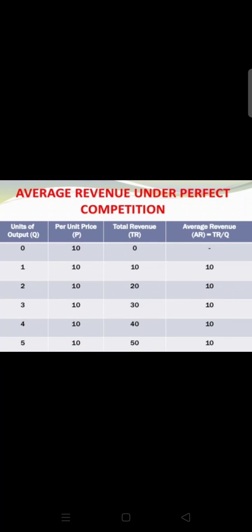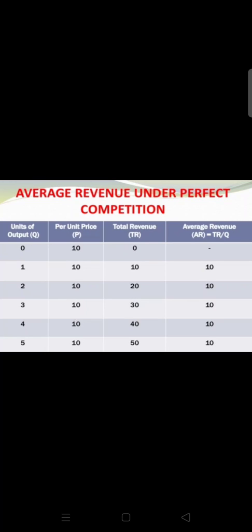Now we can see how to calculate average revenue under perfect competition, that is, when the price remains the same. So here you can see total revenue 10, 20, 30, 40. Now average revenue, how to find out? That is total revenue divided by quantity, isn't it? When you divide total revenue by quantity, you can see the average revenue you got in all the units is 10 only.